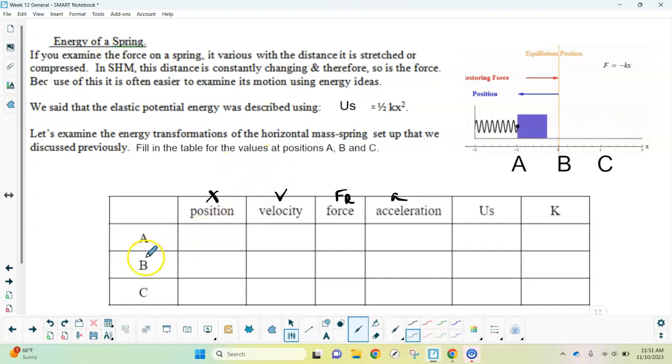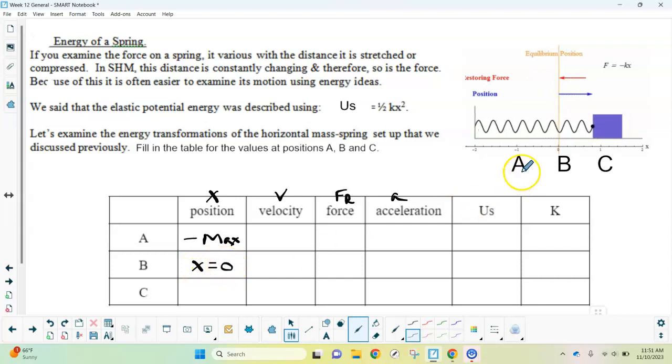For the position, I can't pause this, but if you imagine it's at position A here, that's the maximum negative. So I'm just going to say negative max. At B, x is equal to 0, so it's not displaced or compressed at any point. And then at C, it's at the positive maximum position. So I'm filling these out and looking at what's going on as time goes by.